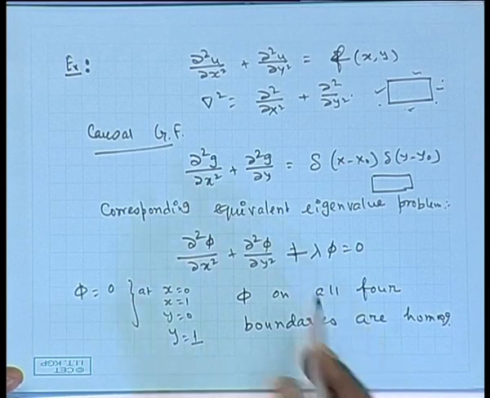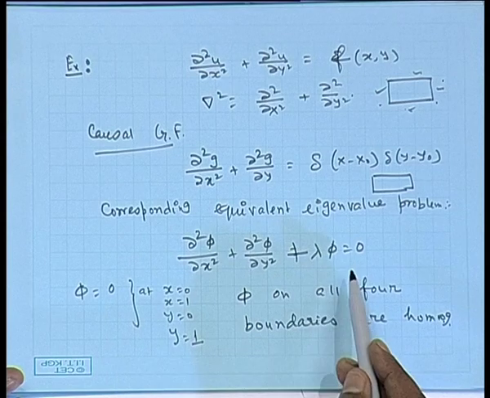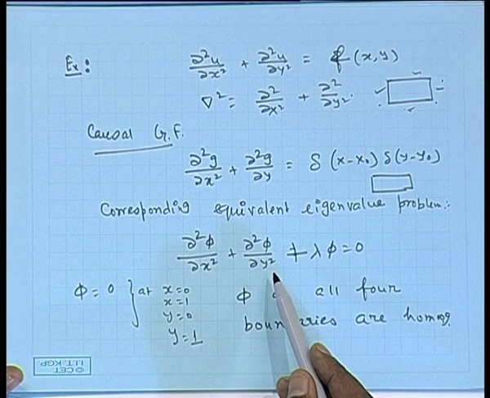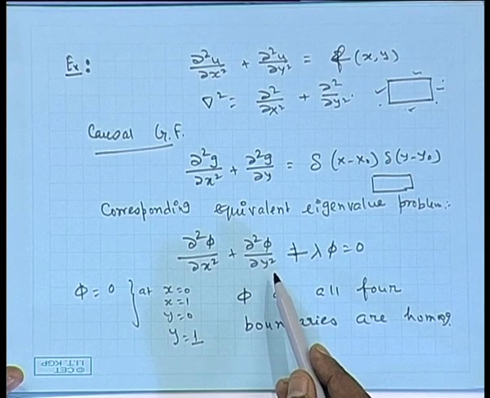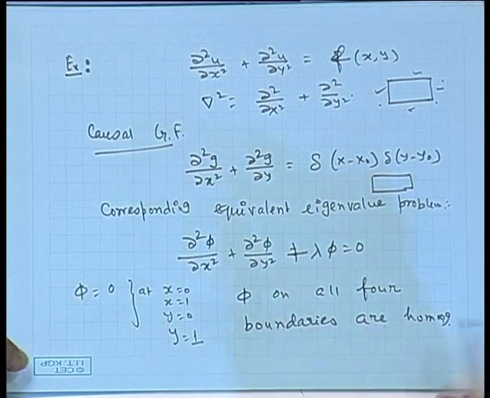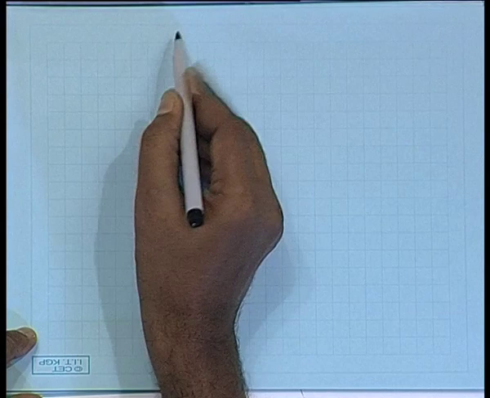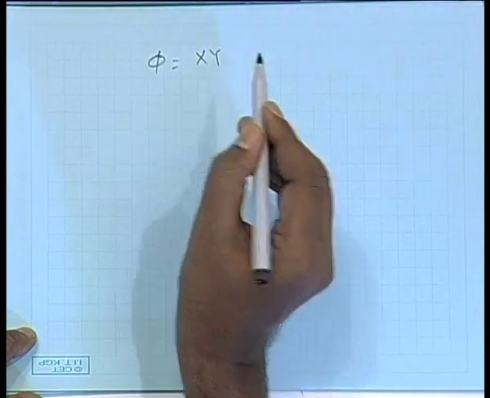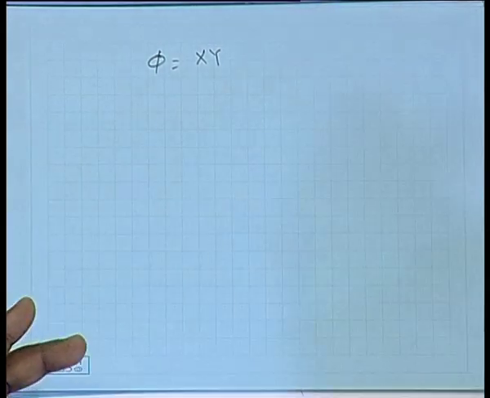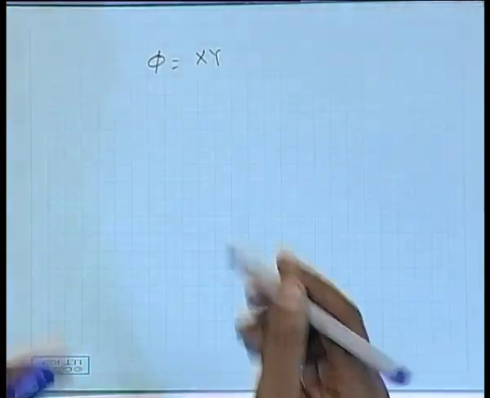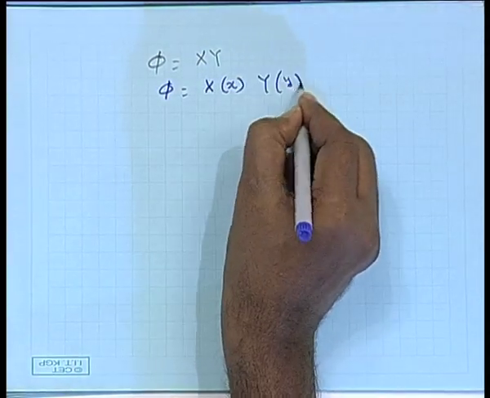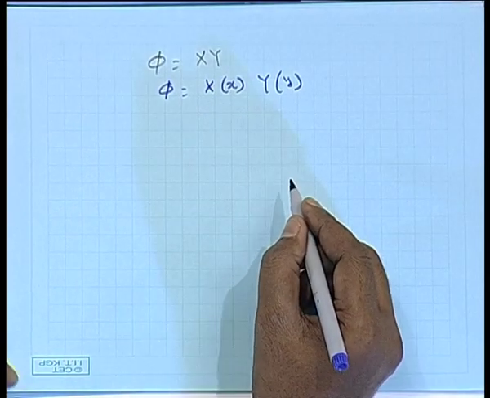Okay. Now, you know how to solve this problem, how to find out phi. This is a standard eigenvalue problem. You consider phi is a product of a function of x alone and a function of y alone. Let us say phi is equal to X times Y, where X is a function of x alone, X of x and Y of y, and substitute in the governing equation.